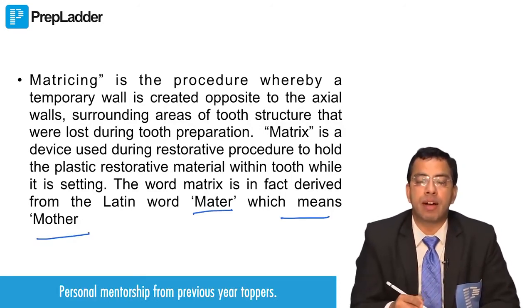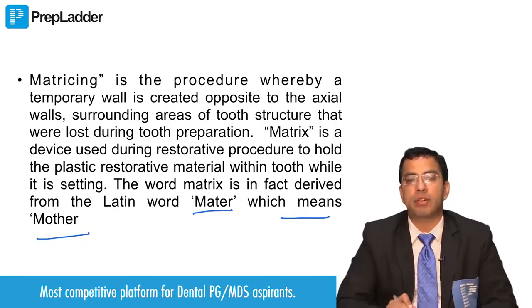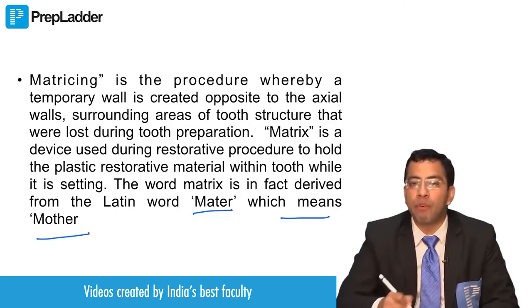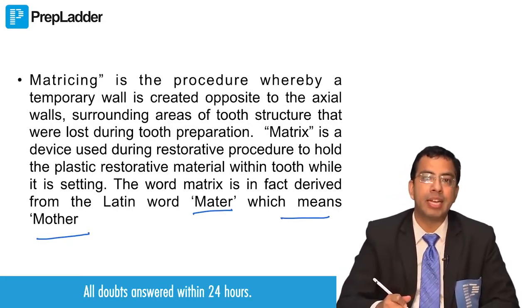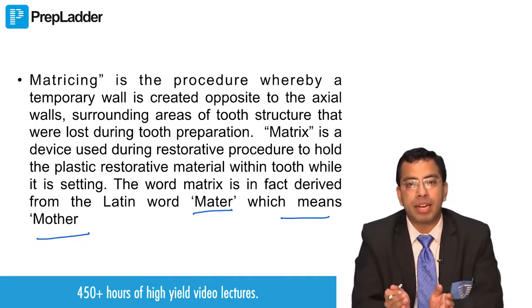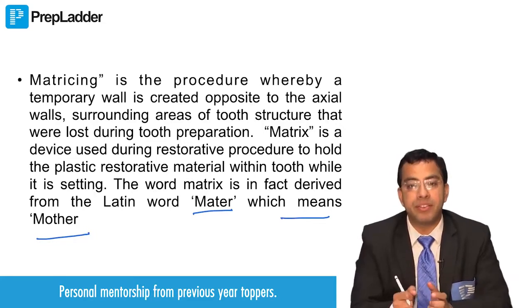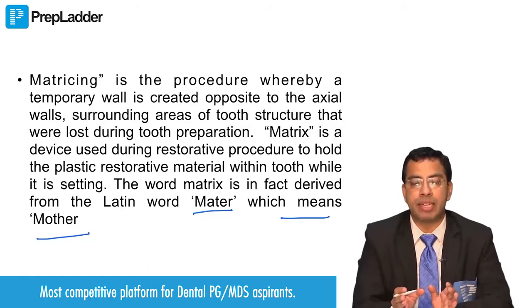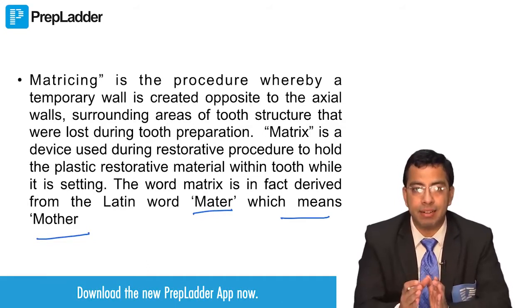So, whenever we have a class 2 restoration, or a class 1 with a buccal extension or a class 1 with a lingual extension, or a class 3 or a class 4 restoration where one of the walls of the tooth structure is missing, then we have to adapt an artificial band, which is called a matrix band, around the area so that the restorative material can be very well contained inside that area.